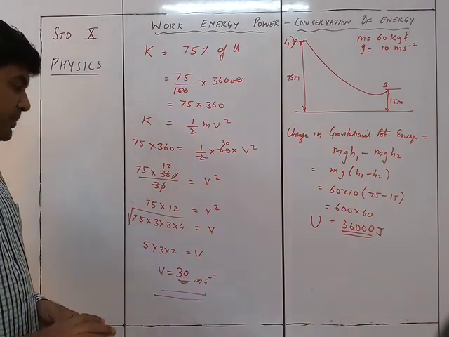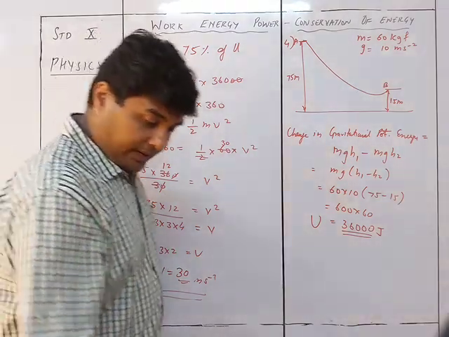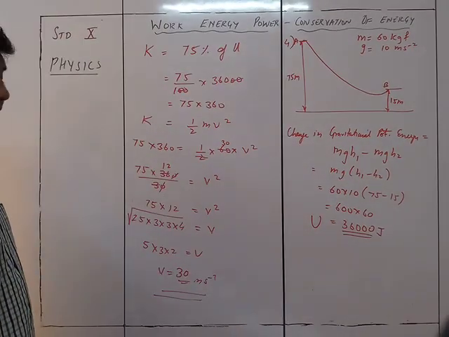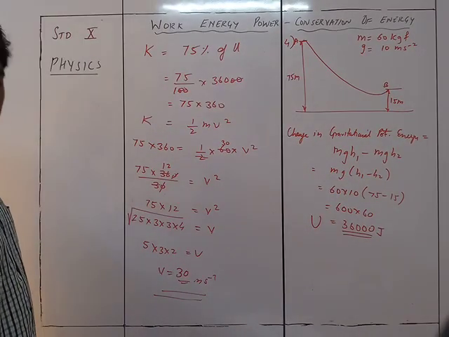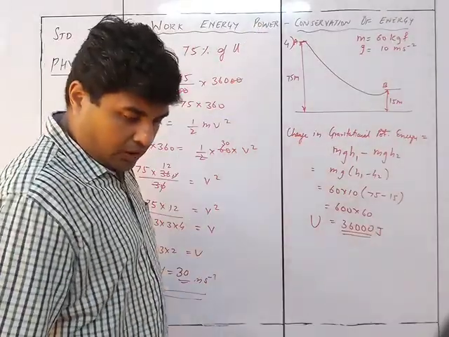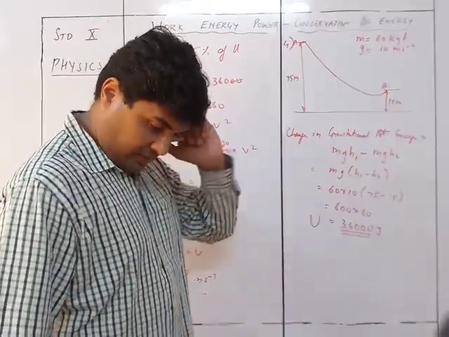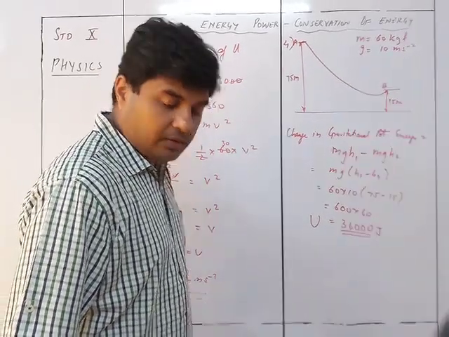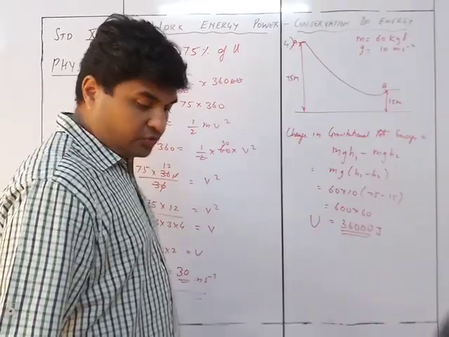So it is 30 meter per second. So yeah, the answer is 30 meter per second will be the velocity at which the body is going to shoot out from the skier, at the speed at which the skier will achieve at point B. Got it? This was sum number 4.